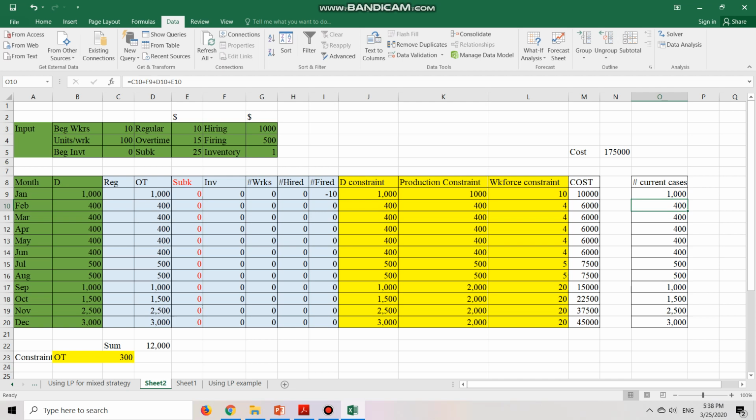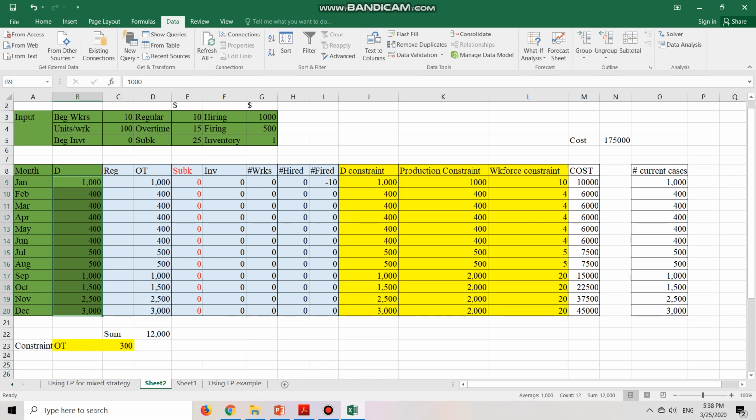Okay, and for February it is also the total quantity they produce in February plus the inventory in January. So I have the current cases in each month. So this value has to be larger than or equal to this value because no stock out is allowed. That is the first constraint.